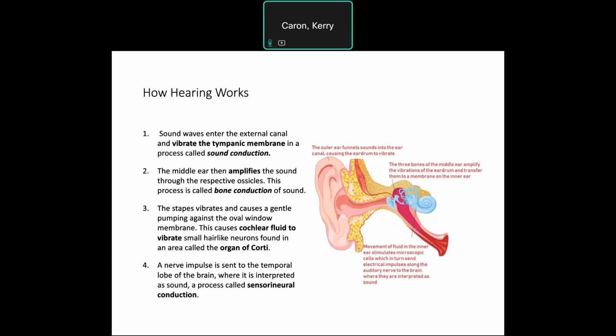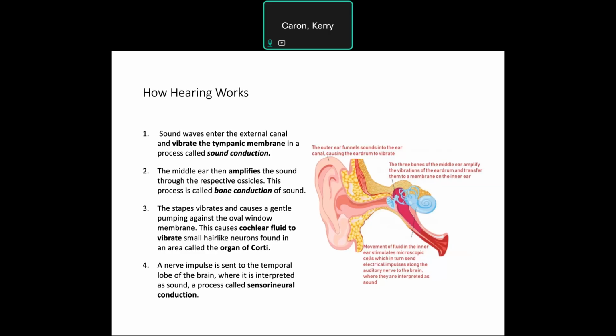The stapes cause a gentle pumping against that oval window membrane, and the cochlear fluid begins to vibrate. Small hair-like neurons are found in an area called the organ of Corti.